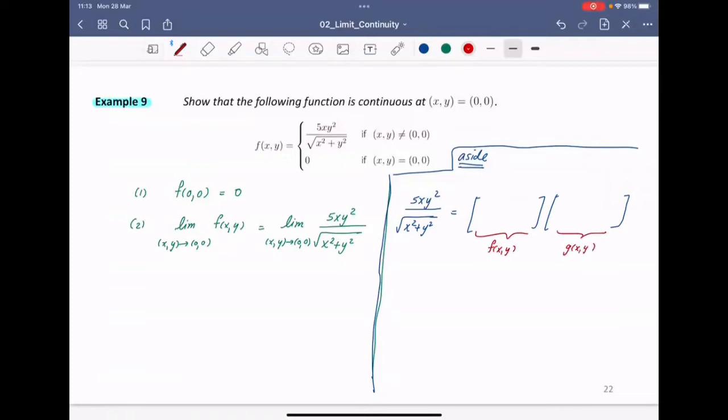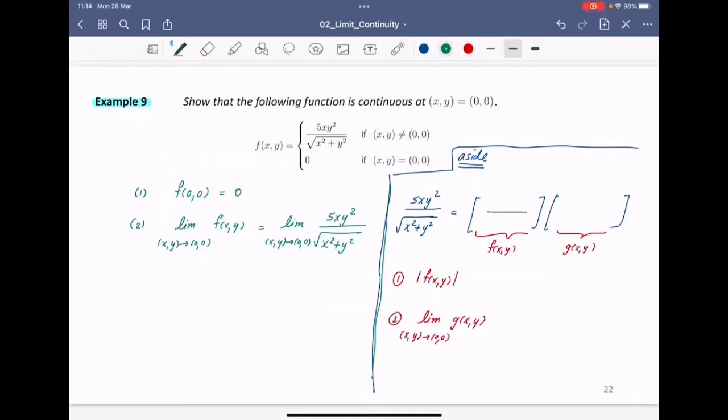What I want is, for my f, no matter what I pick here, the absolute value of f(x,y) is less than M. That is number 1. Number 2, whatever you have left for g, if you take the limit, it must be 0. I'm going to do the trick that we did last time.